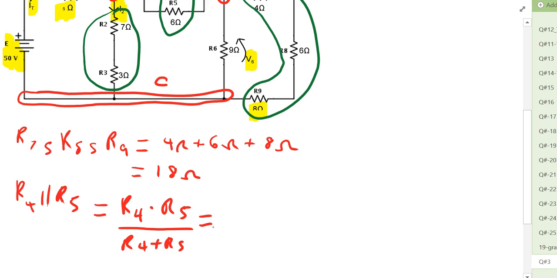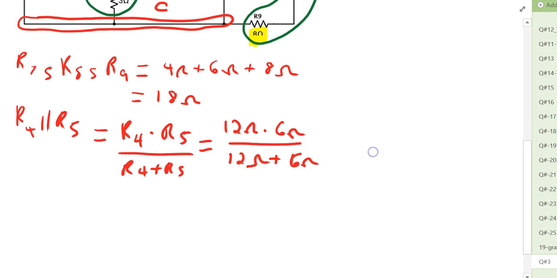And that will allow us to say 12 ohms times 6 ohms over 12 ohms plus 6 ohms, or 72 divided by 18, and that gives us an equivalent value of 4 ohms.